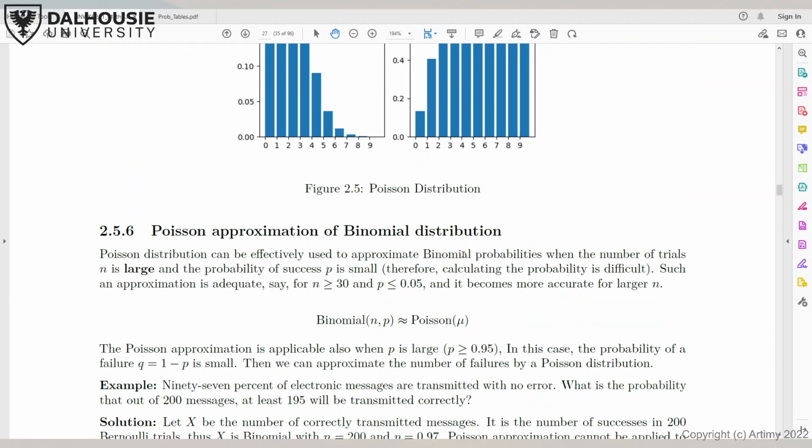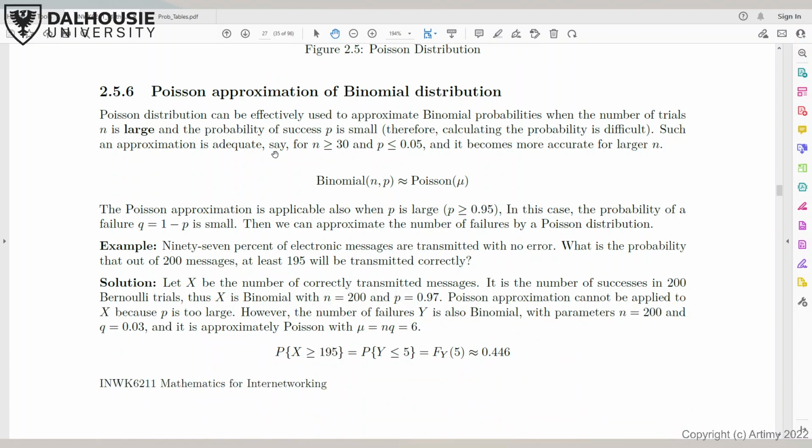Okay. So that actually finishes all the distributions that we are going to talk about in this lecture, in this recording. But we'll see here that we have something, and this is a hint of other things that we will talk about in the next recordings: sometimes we can approximate one distribution with another.